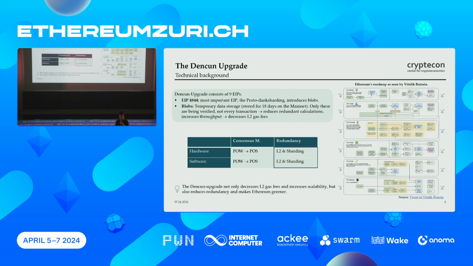So what was the Dencun upgrade? It consisted of 9 EIPs. Most importantly was proto-danksharding. I think you have already heard of it. Basically, it introduced blobs. These blobs are a more efficient way to store data, in particular transactions of layer 2s, this second layer of transactions that makes it more efficient to conduct transactions.